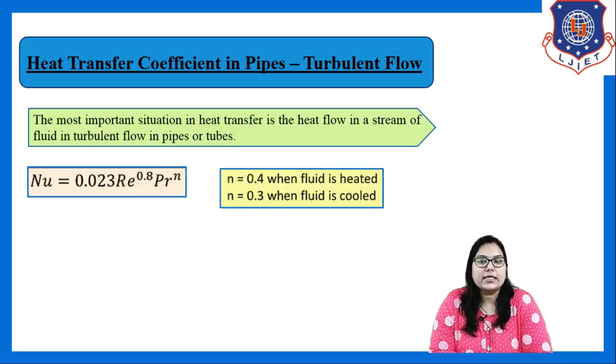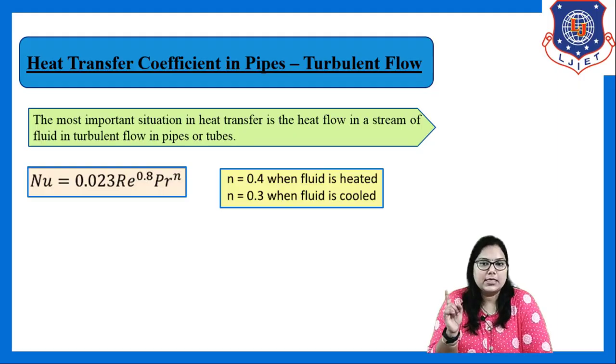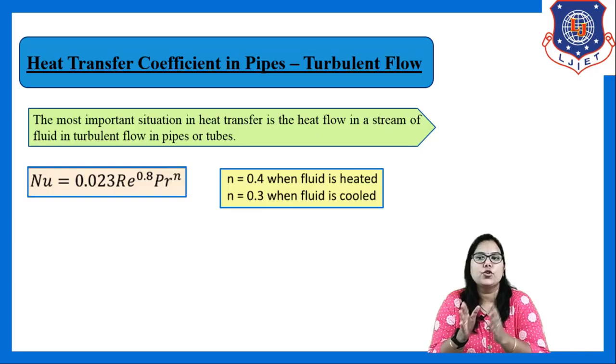See, n is equal to 0.4 when the fluid is to be heated and n is equal to 0.3 when the fluid is to be cooled. This you have to remember. This is an empirical equation. Nu is equal to 0.023 Re raised to 0.8 Pr raised to n.